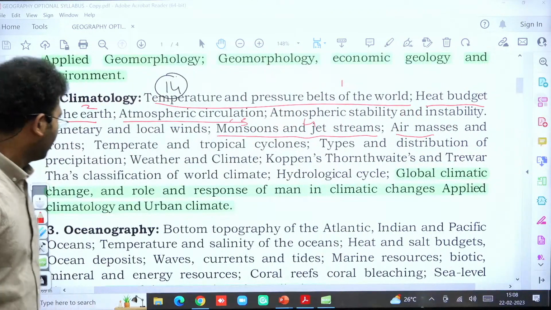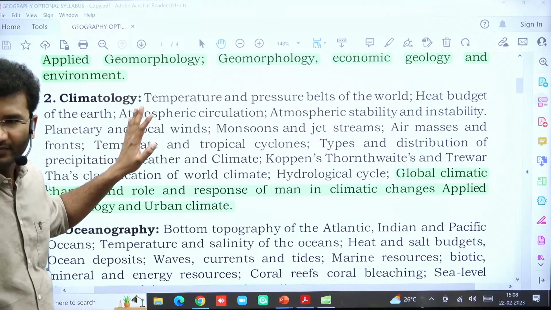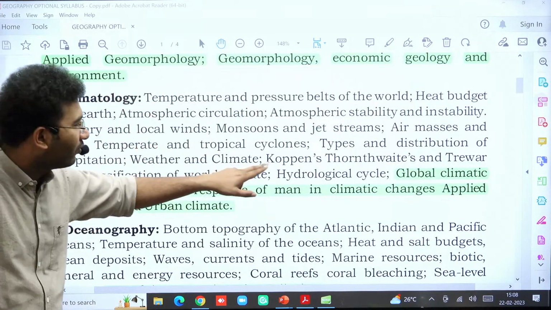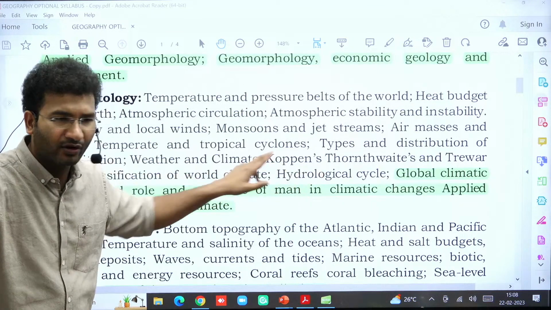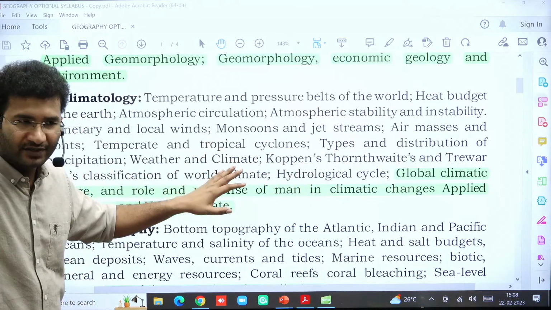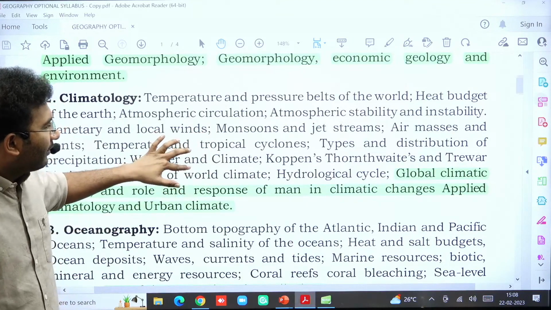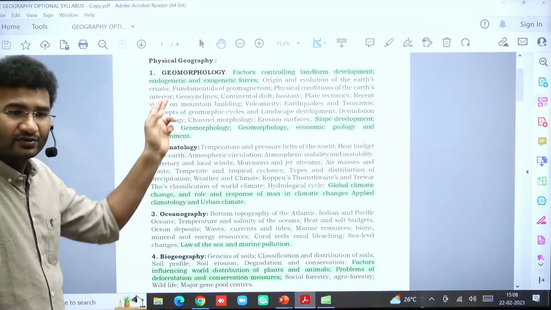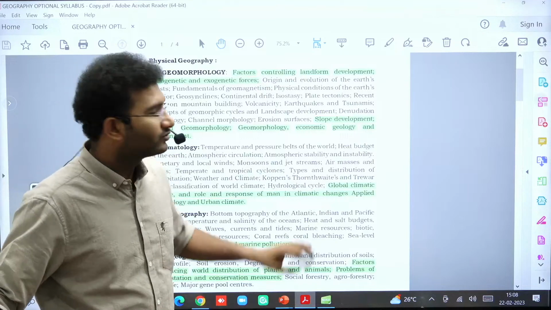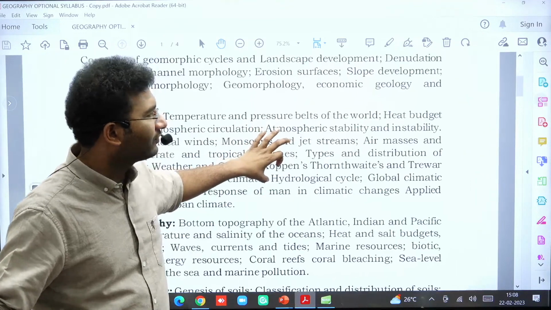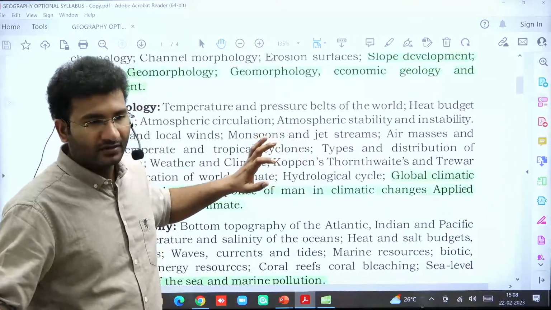And here, everything is interlinked to each other. And there are some factual content like Köppen classification of climate, Thornthwaite, Trewartha. The classification of climate is factual content. Now, application of this you will also get to see in Paper 2 as well. So you learn the basics here, and climate of India also we have to study. Right?